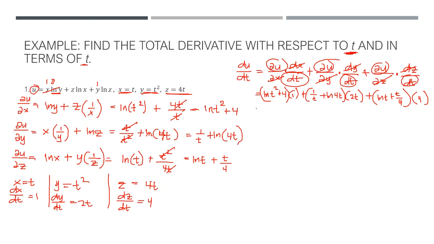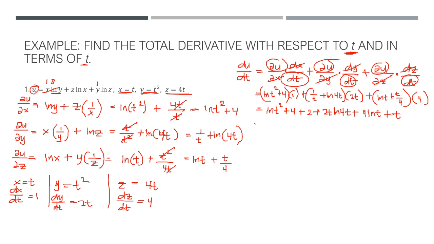Okay, so simplifying our answer, we have ln t squared plus 4, 1 over t times 2t, that is plus 2. 2t times ln 40, that is 2t ln 40. ln t times 4, that is 4 ln t. t over 4 times 4, that is just equivalent to t because we can cancel the 4.